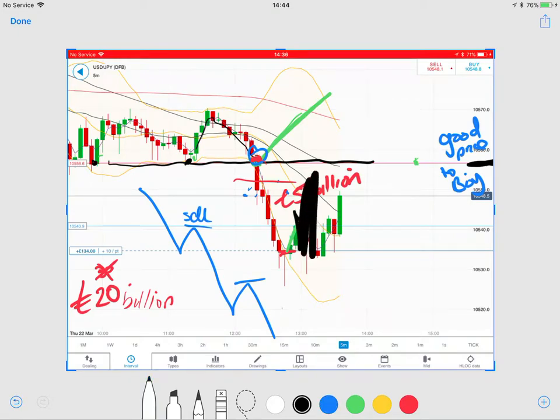Now, if you didn't have any of this information here and that's all you saw, you might think that this market is like that. That is going to create more sell orders here. Yeah, so more sell orders here. And as a result, the price is going to go down.